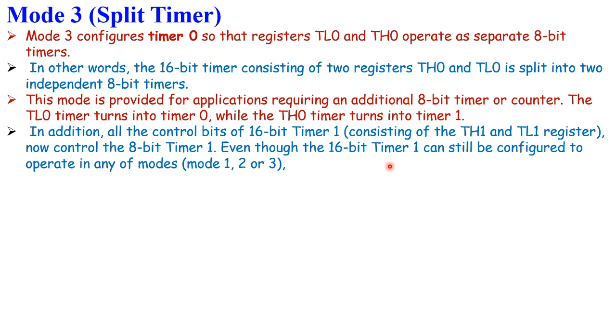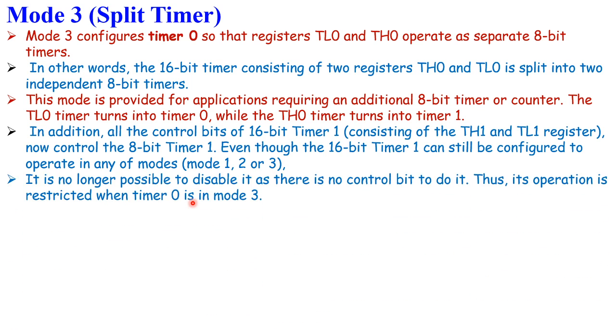Even though the 16-bit timer 1 can still be configured to operate in any of these modes, means timer 1 can be used in mode 1, mode 2 or mode 3, it is no longer possible to disable it as there is no control bit to do it, and thus its operation is restricted when timer 0 is in mode 3.